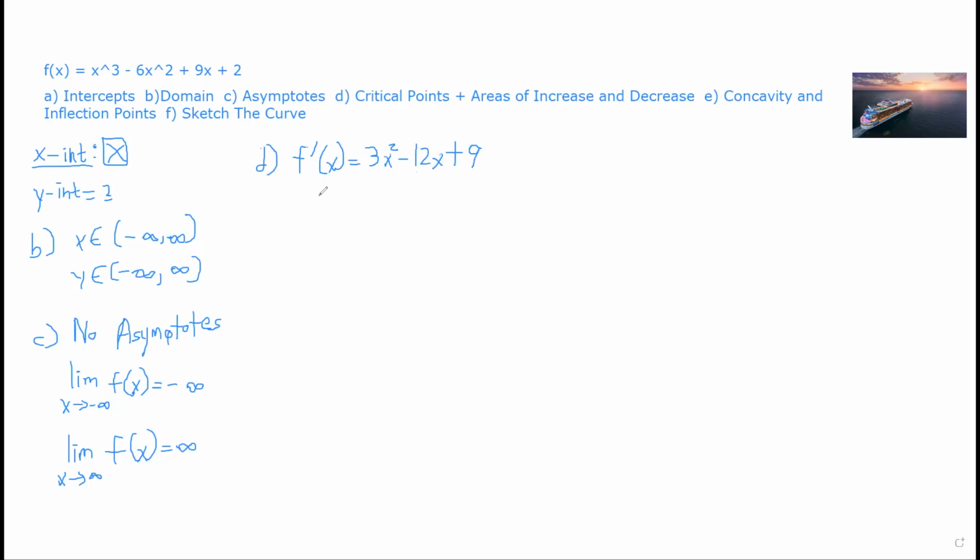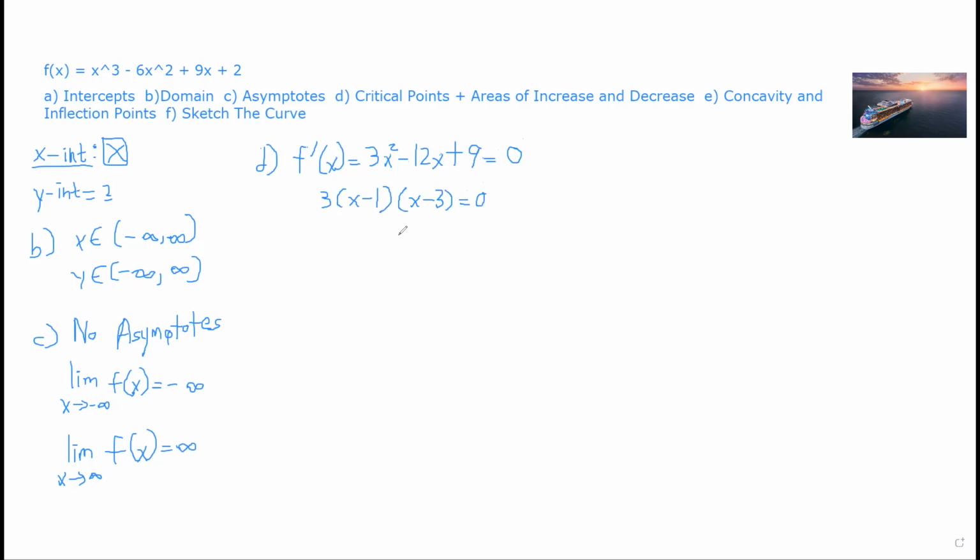So we need to find out where this is equal to 0 to find the critical points. This would just be 3 times x squared minus 4x plus 3 when you factor it out. That is 3 times x minus 1 times x minus 3 equals 0.